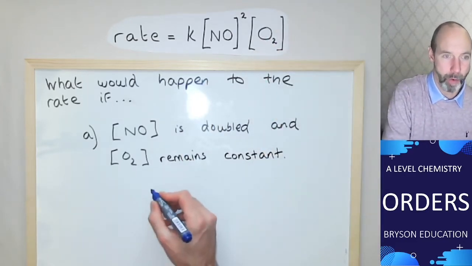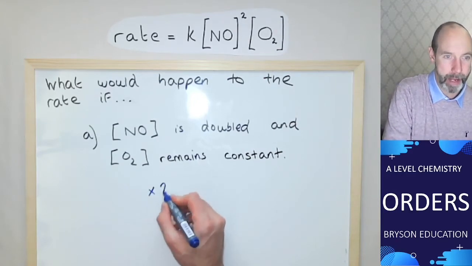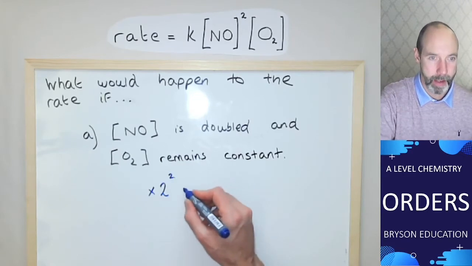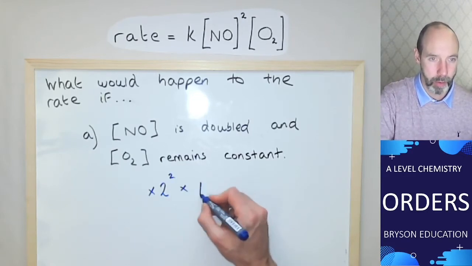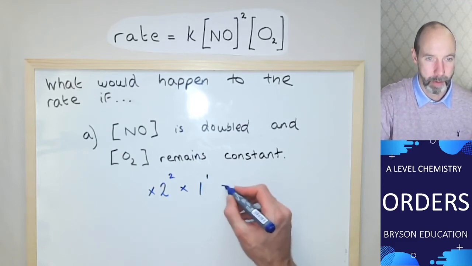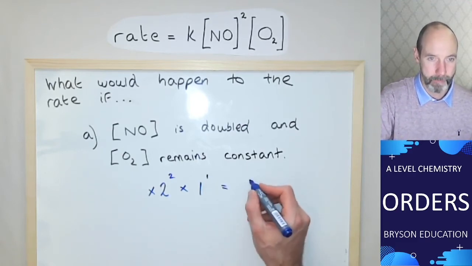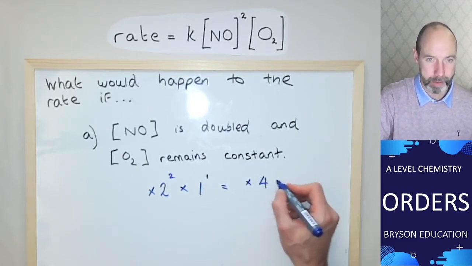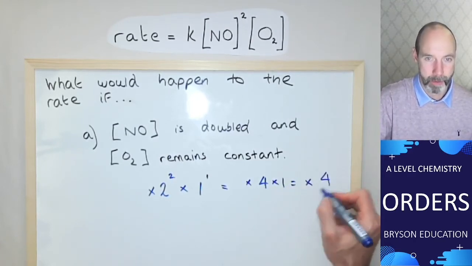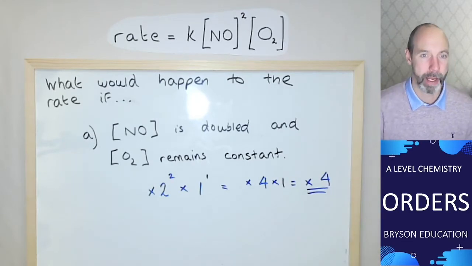So, we are multiplying NO by 2, but we need to square that. Oxygen is remaining the same, so we're just timesing it by 1, 1 to the 1. That's 4 times by 1, which is 4. So the rate would multiply by 4.